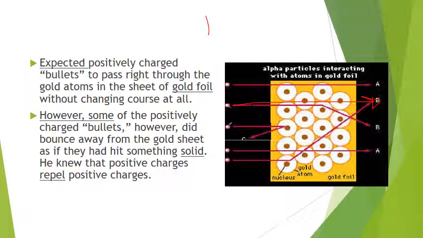Most of them going through the gold foil hit the back screen. But every once in a while, maybe like 1 out of 1,000, it would hit the other screen, or even bounce all the way back and hit the screen back here.